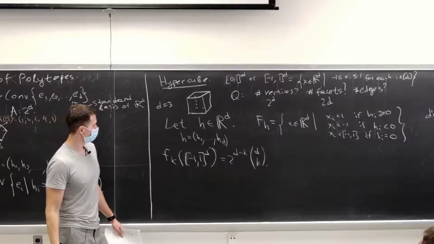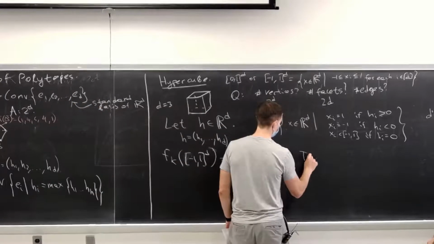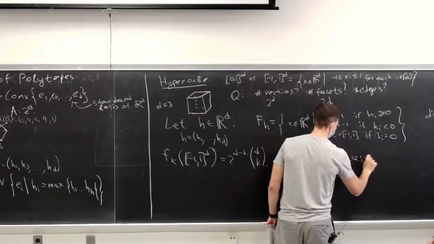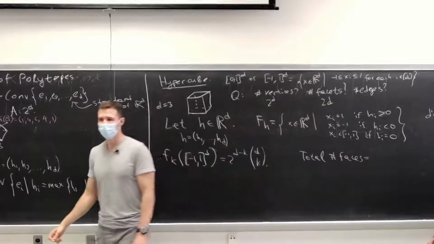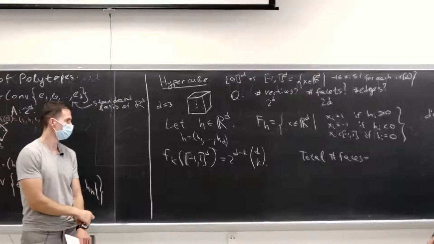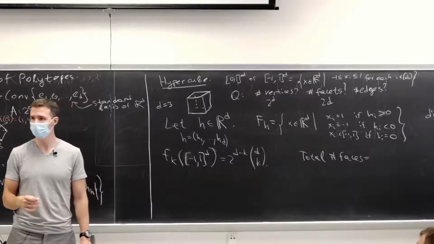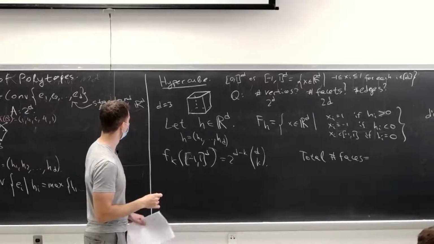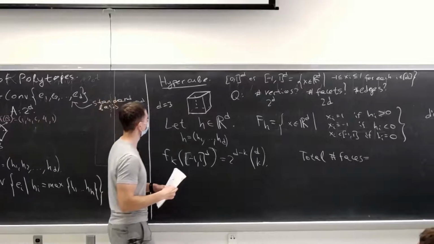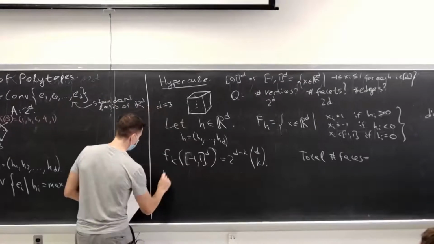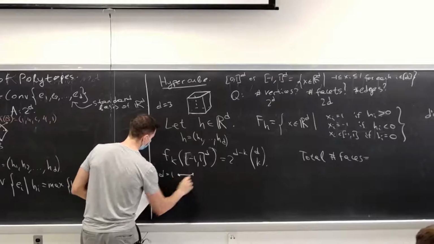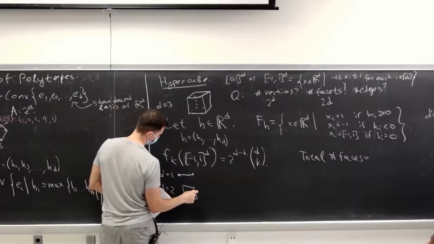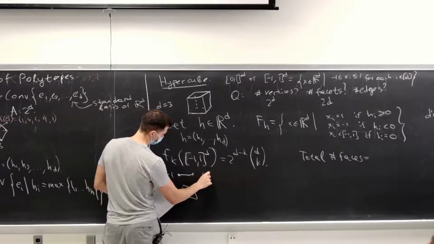All right. And what is the total number of all faces of all dimensions? Say again? d times 2 to the d. That's actually d plus 1. Oh, wait. So let's say I draw d equals 1, it's a line segment, d equals 2, it's a square. So here the number of faces is 4.